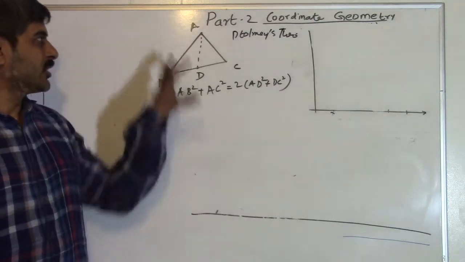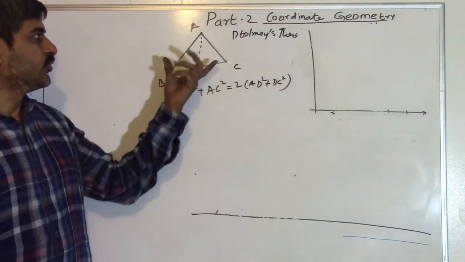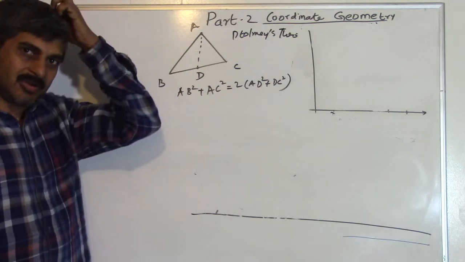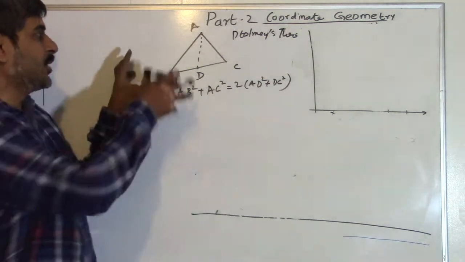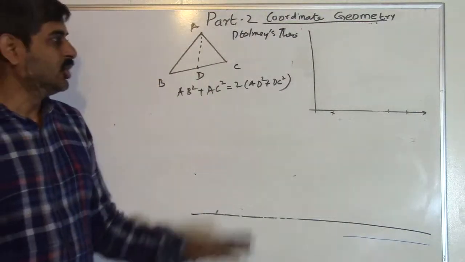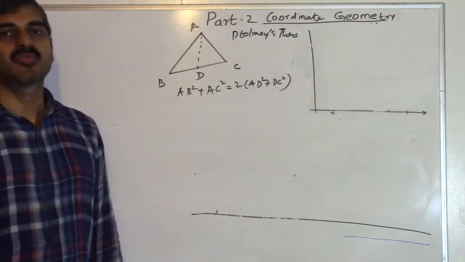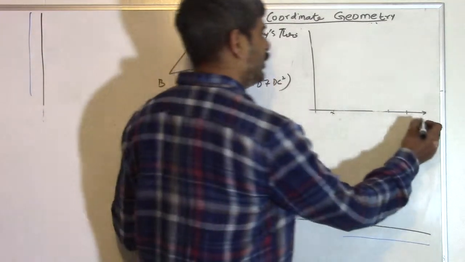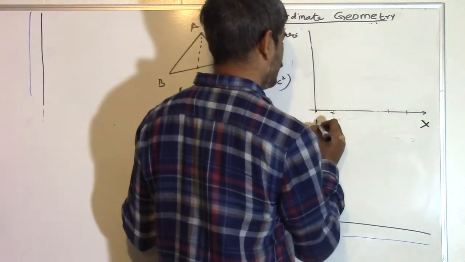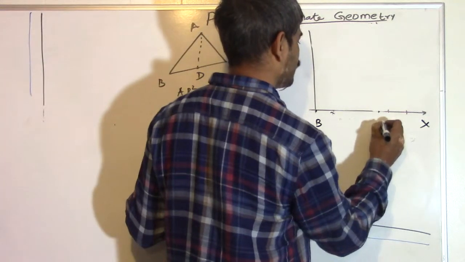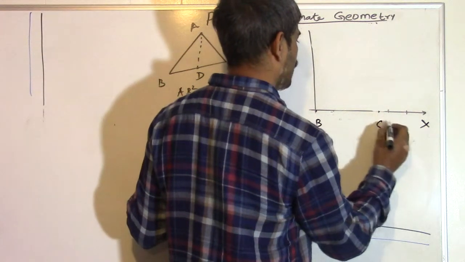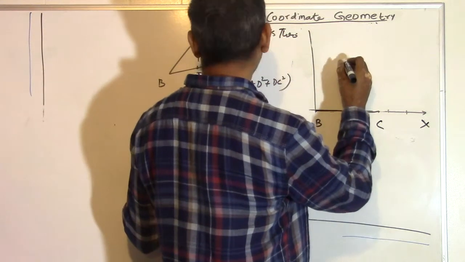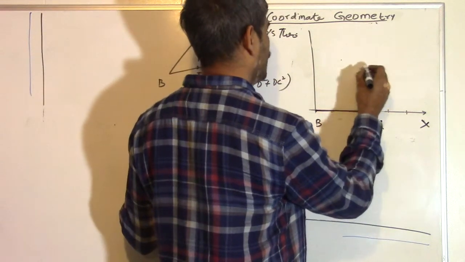In coordinate geometry we are not allowed to take any specific rectangle or equilateral triangle, but we can reorient this triangle to put it anywhere on my axis to make it easy. So we take B as this point and C as this point, and this is our BC side. We cannot take A as any specific point.